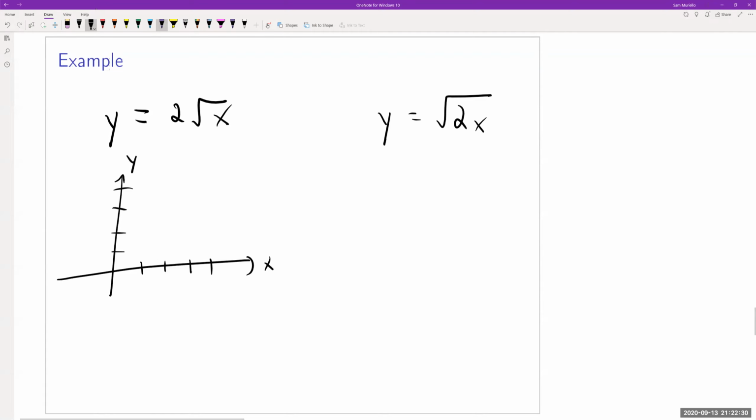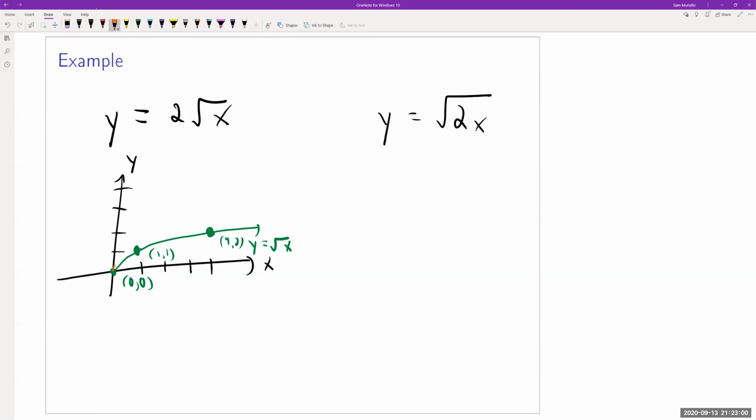So we'll recall the original function, y equals square root of x. It goes through the points 0, 0, 1, 1, and 4, 2. If I were to take 2 times the square root of x, this is a vertical stretch of a factor of 2. So I'm doubling each y coordinate.